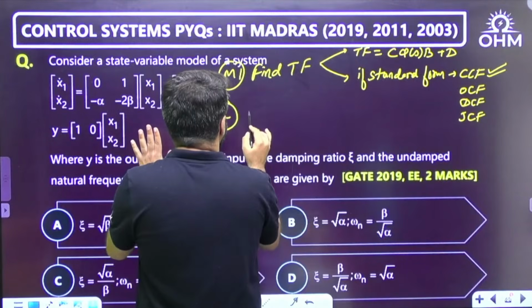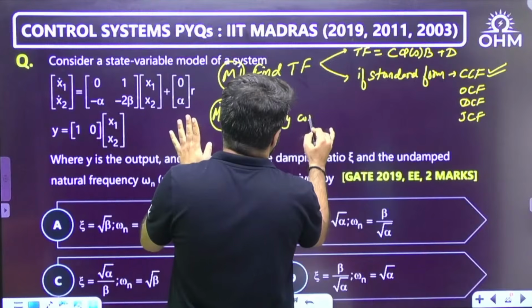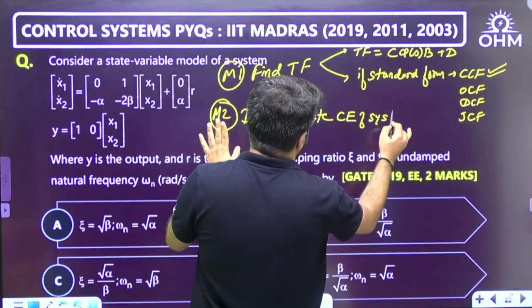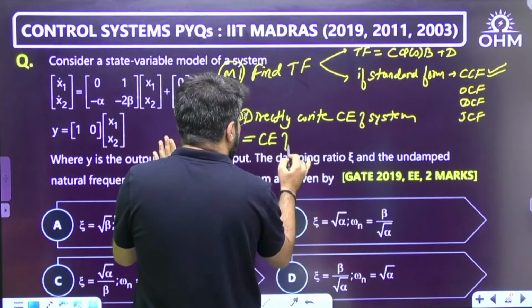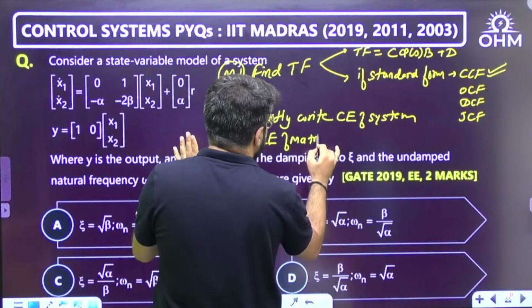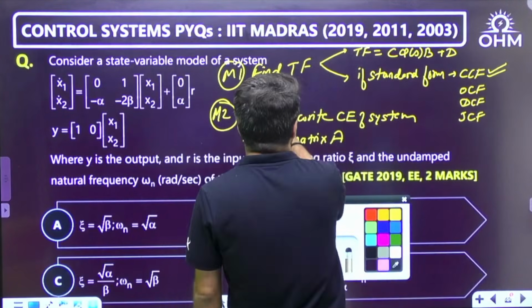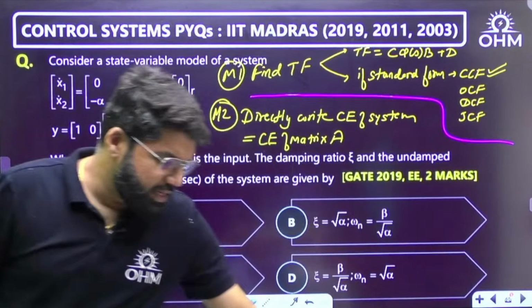Method number two is directly write down the characteristic equation of the system. Let me tell you that the characteristic equation of the system is equal to the characteristic equation of matrix A. Understood?